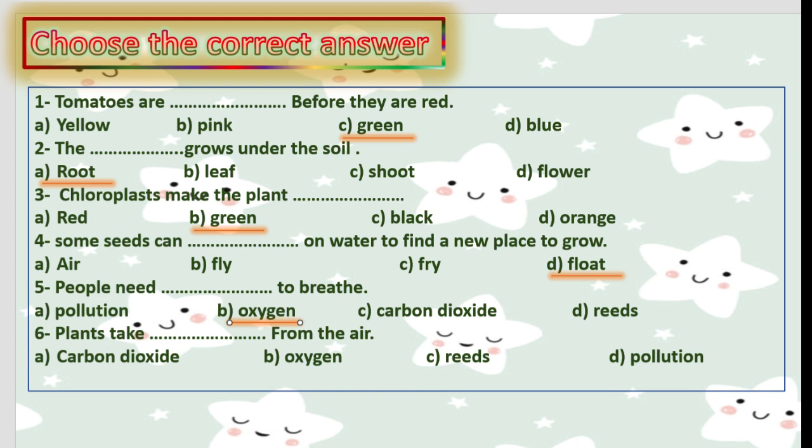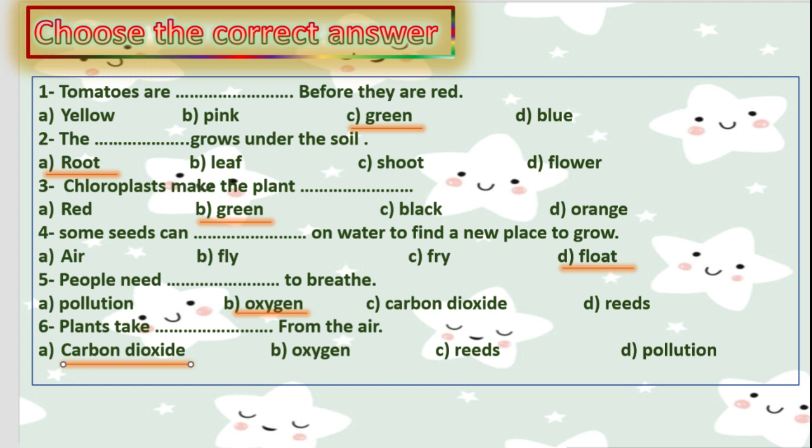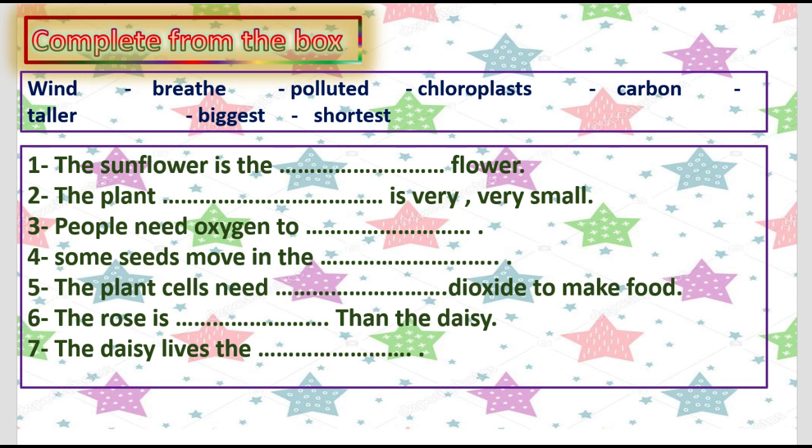Carbon dioxide. So let's move to another kind of questions here, complete from the box. We have 8 words: wind, breathe, polluted, chloroplasts, carbon, taller, biggest, shortest.